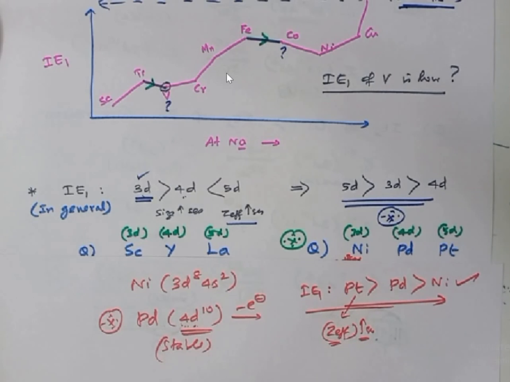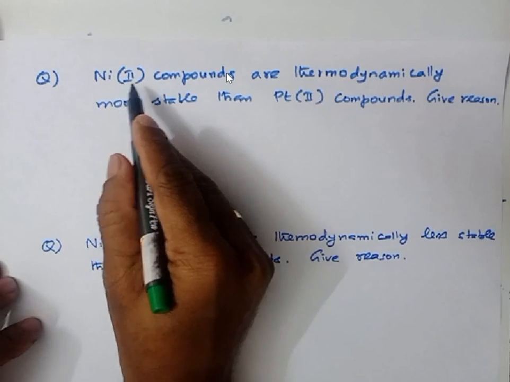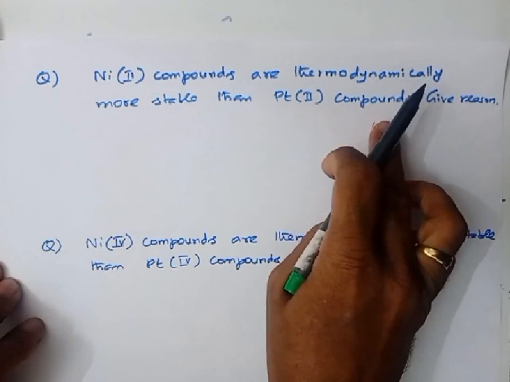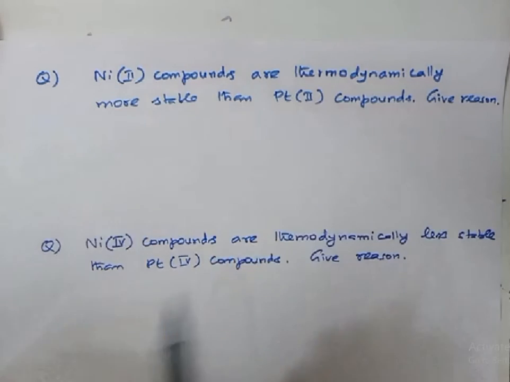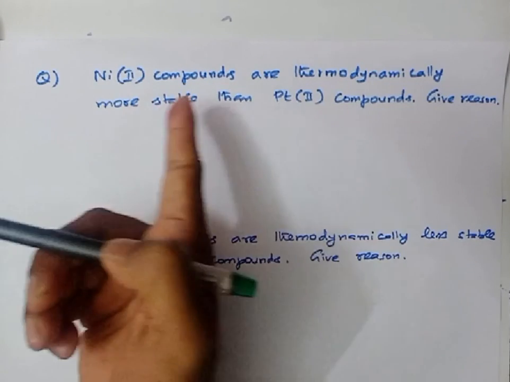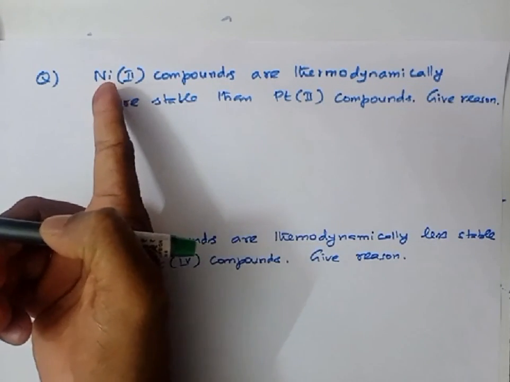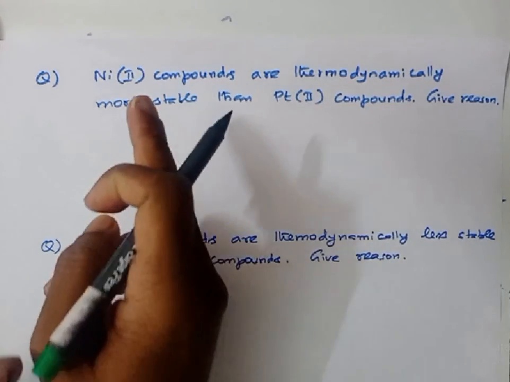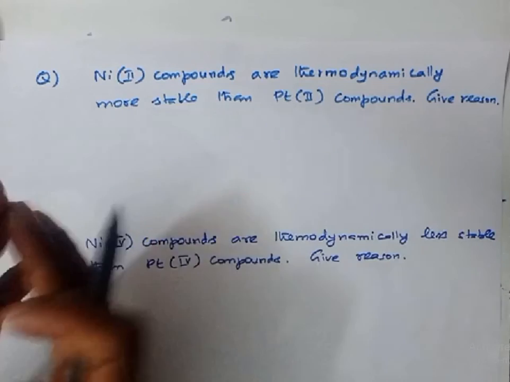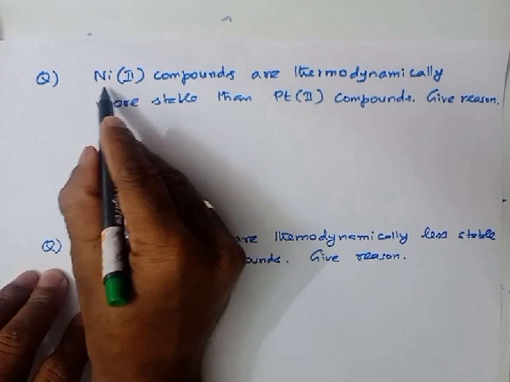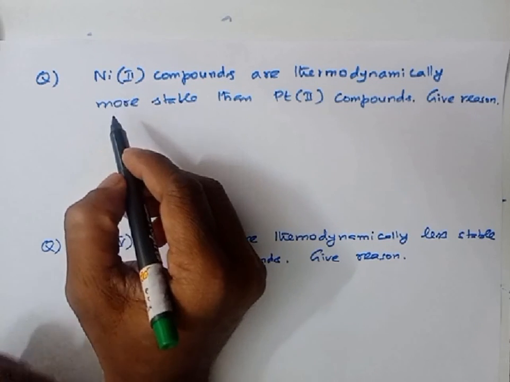Is this point clear, student? In the next question, nickel(II) compounds are thermodynamically more stable than platinum(II) compounds. Give reason. This type of question is normally expected in NCERT. Nickel and platinum belong to the same group; nickel is the 3d series and platinum is 5d. But nickel(II) compounds are thermodynamically more stable. Why? Nickel(II) means we have to remove 2 electrons from nickel.